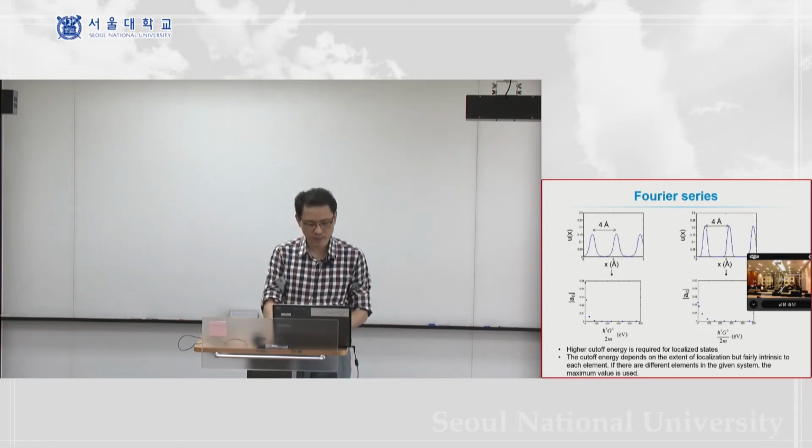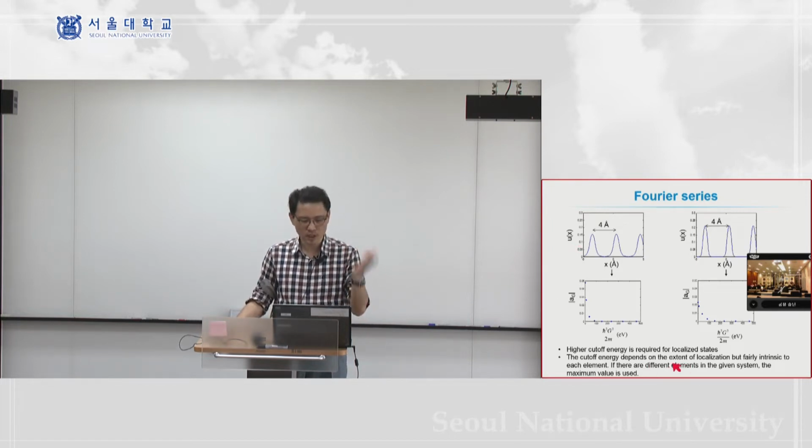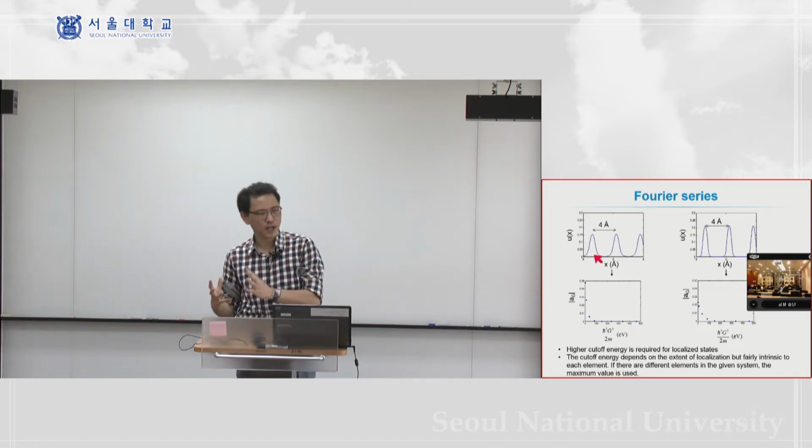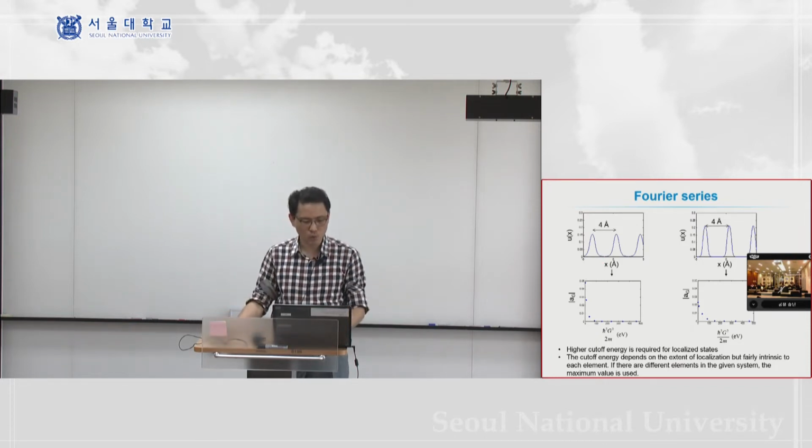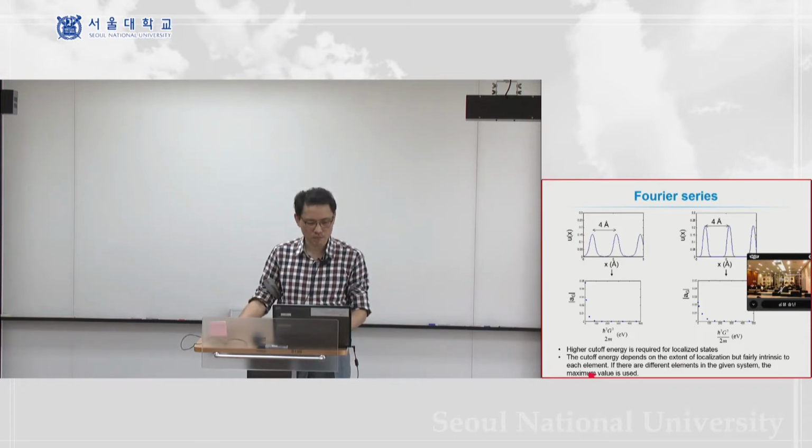If there are different elements, some of the atoms will have a more localized wave function, and some will have a more delocalized wave function. In this case, we always use the maximum cutoff energy for a more accurate result.